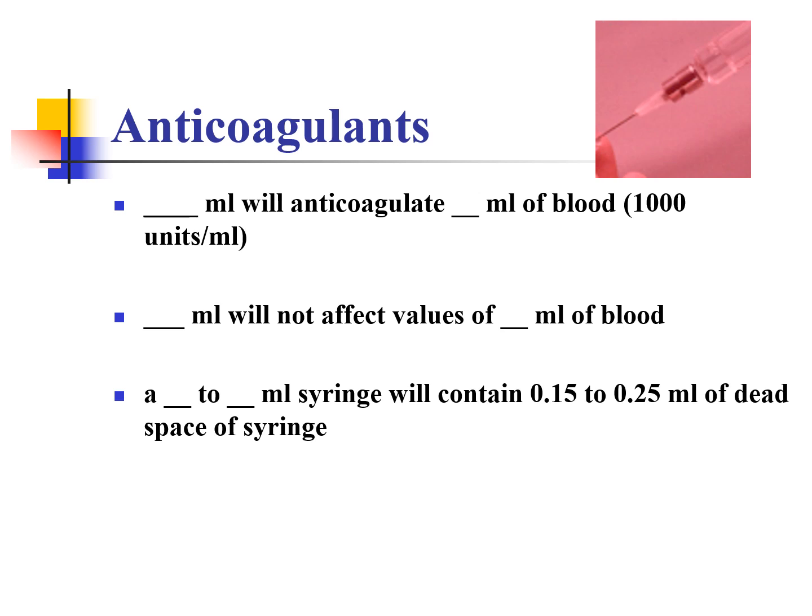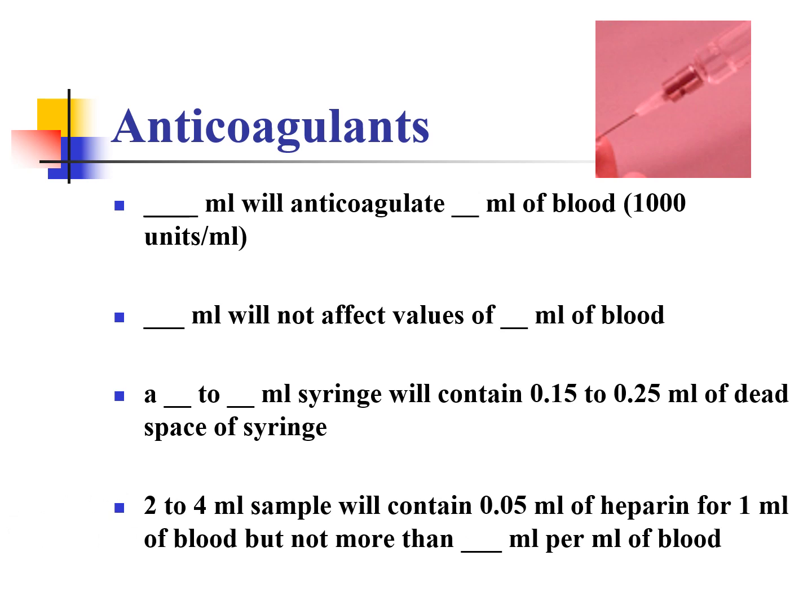That's how much of the syringe is taken up by just that heparin. So when you're doing an arterial blood gas, 2 to 4 mLs of the sample will contain 0.05 mL of heparin for 1 mL of blood, but not more than 0.1 mL per mL of blood. So that means we're in a safe range here.